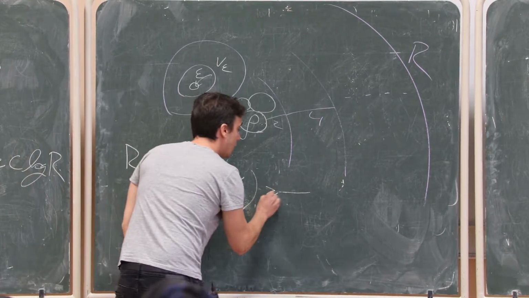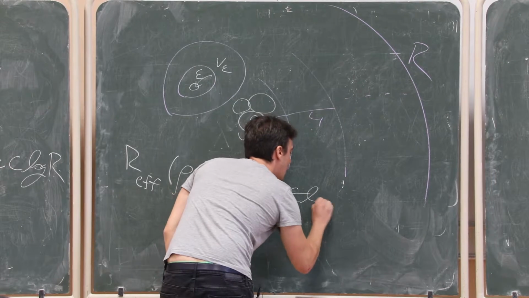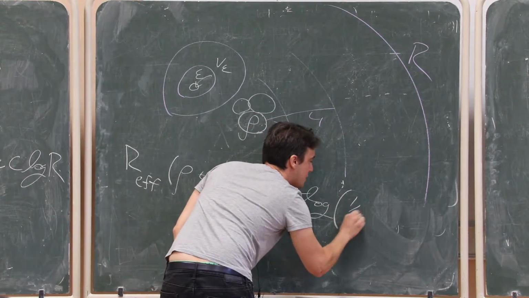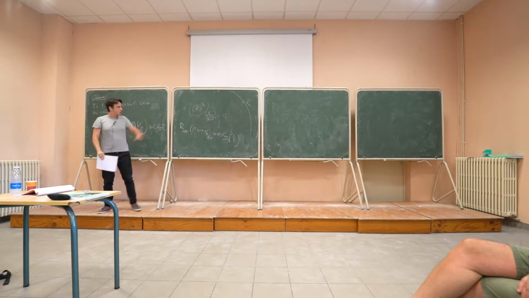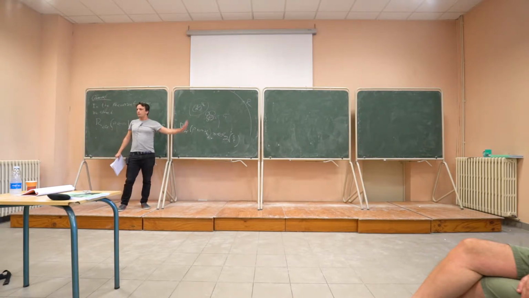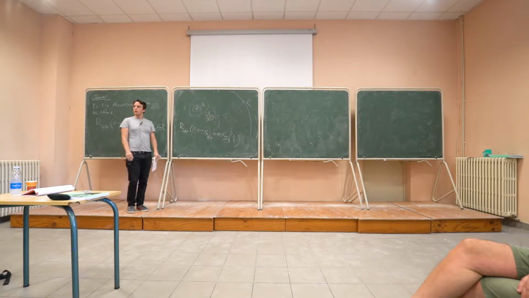So this would be bigger than a constant times log of 1 over epsilon. It should be clear that it's exactly the same type of arguments that we use for estimates like this, and we will use it today. Any further questions about these types of arguments?